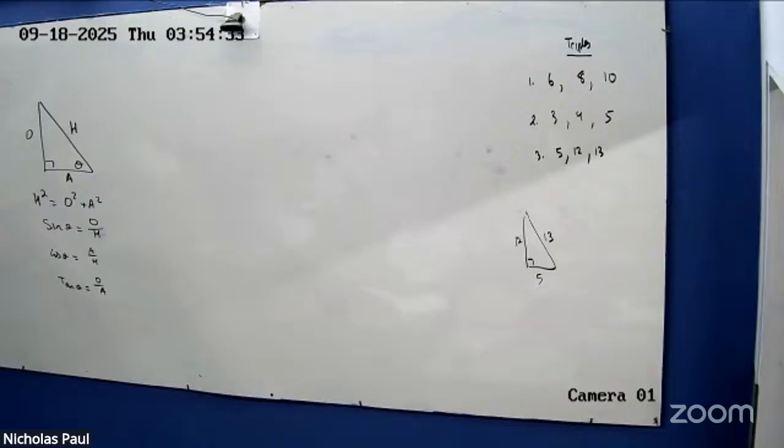First up, if the longest side is 13 meters long.